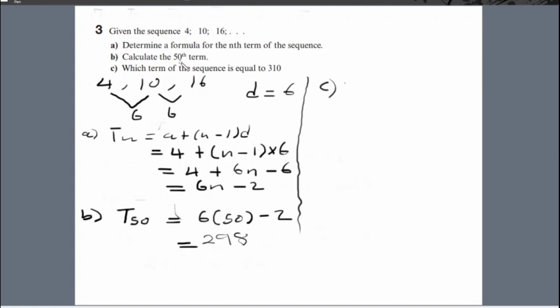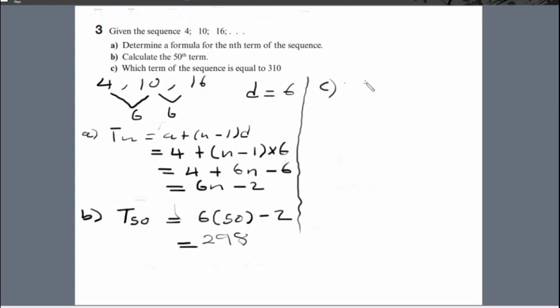Question B bathi calculate inumber eku position 50. Nabathi calculate the 50th term. Calculate the number eku position 50 in our sequence. Sithole number leyo ukuthi ku298, right? And then question C bathi which term in the sequence is equal to 310.